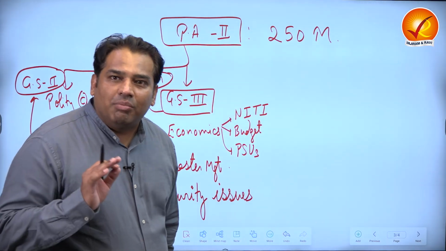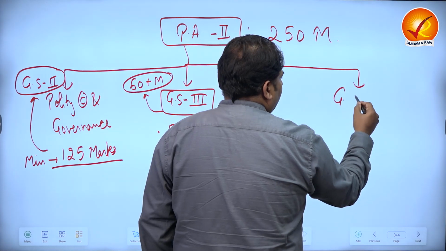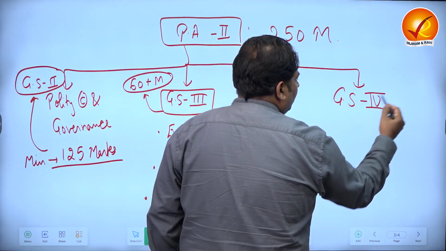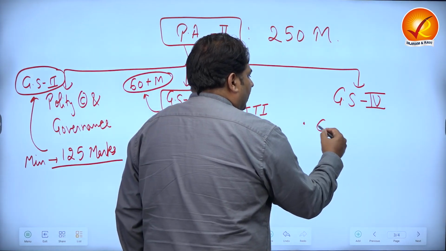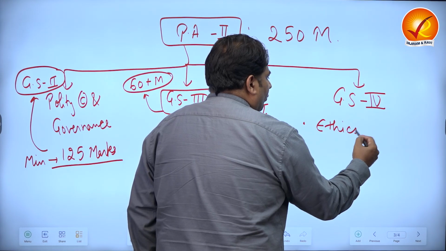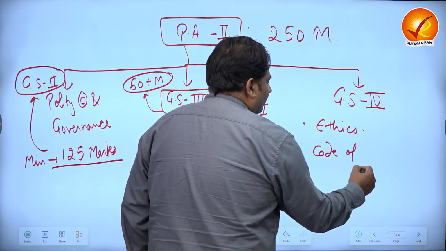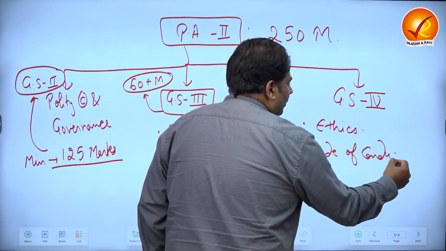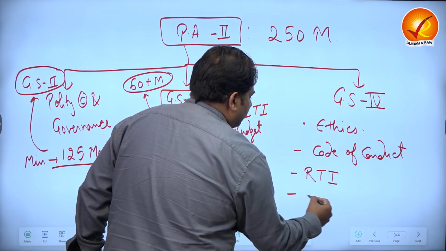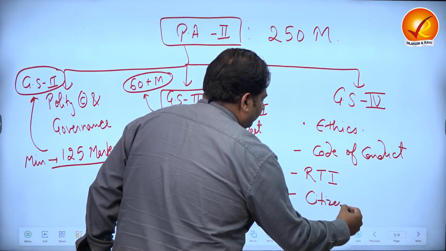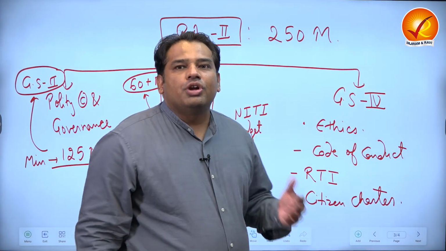And finally one more GS paper, that is GS paper 4. Within the GS paper 4, for the portions of ethics, we have topics like code of conduct, RTI, citizen charter, good governance.